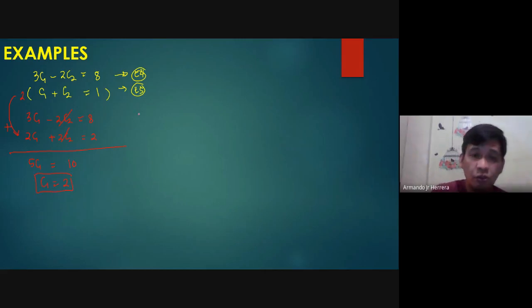So if c1 is 2, we can solve for the value of c2 by substituting it to our equation 5. Equation 5 says c1 plus c2 is equal to 1. Since c1 is 2, 2 plus c2 is 1. Then c2 is negative 1.